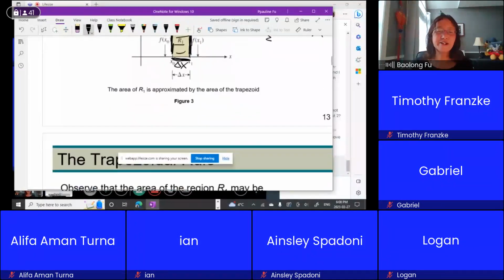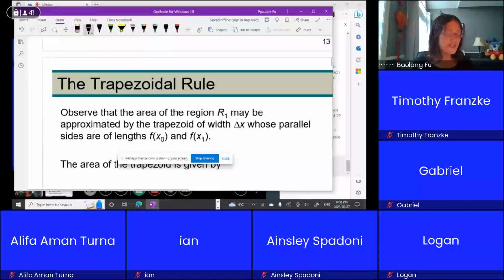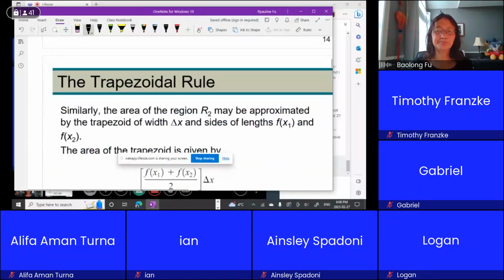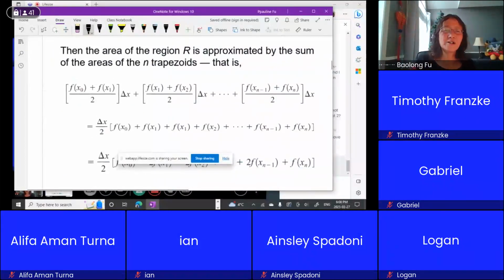And imagine we have many points. We just take x0, x1. Imagine we also have x2, x3, x4, up to x n minus 1 until xn. Okay, and then we can calculate the area. There are n trapezoids.